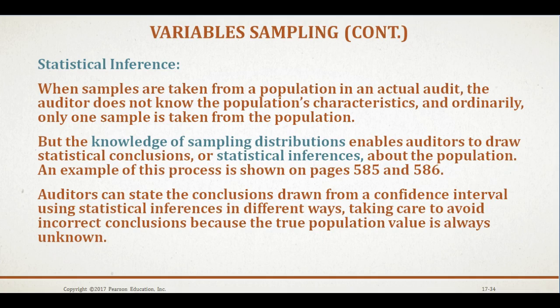An example of this process is shown on pages 585 and 586 of your textbook. Auditors can state the conclusions drawn from a confidence interval using statistical inferences in different ways, taking care to avoid incorrect conclusions because the true population value is always unknown.